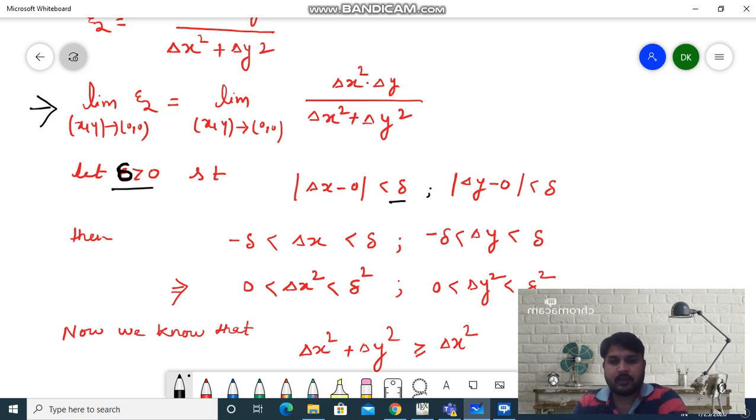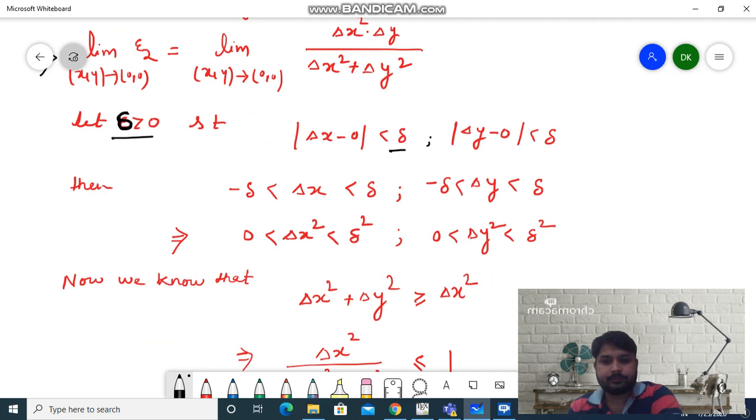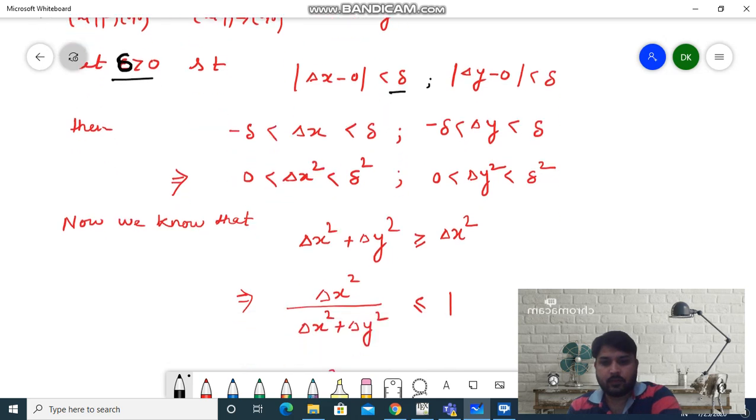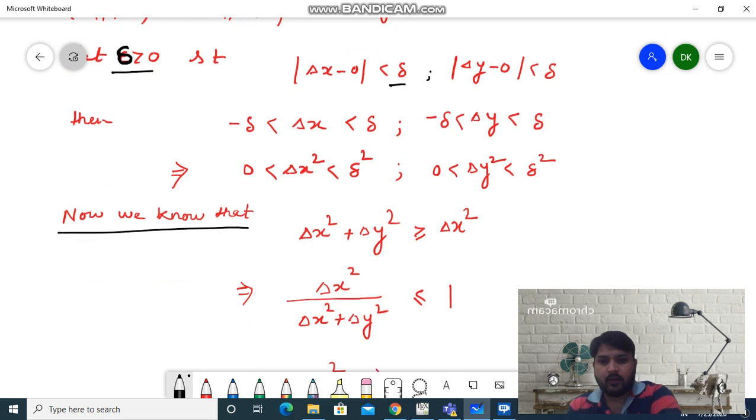Then this implies that delta x lies between minus delta and delta, and similarly delta y lies between these two values. Now we also know that delta x squared plus delta y squared is always greater than delta x squared. So if we take this quantity in the denominator, we get delta x squared upon delta x squared plus delta y squared is less than 1.